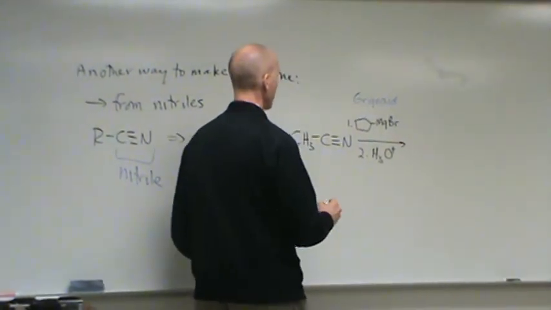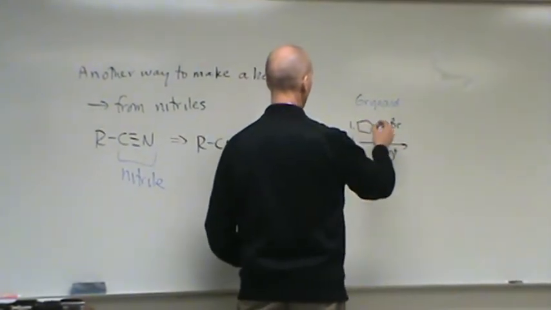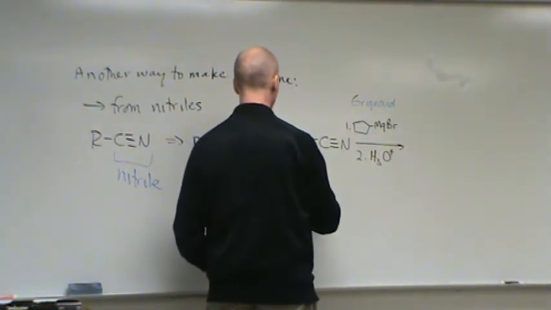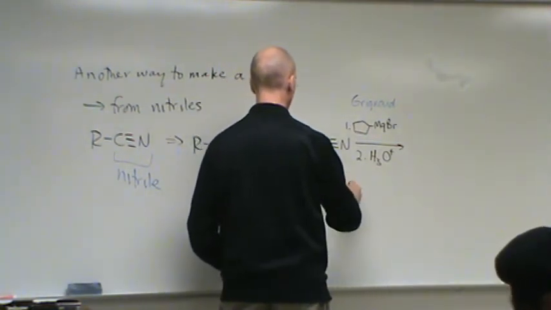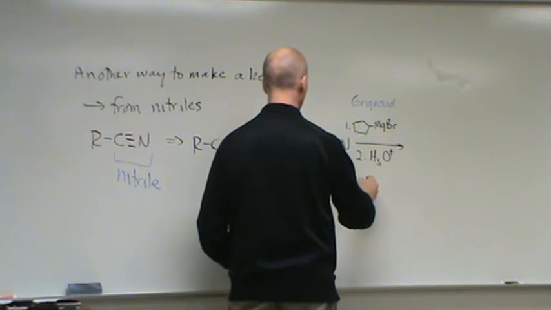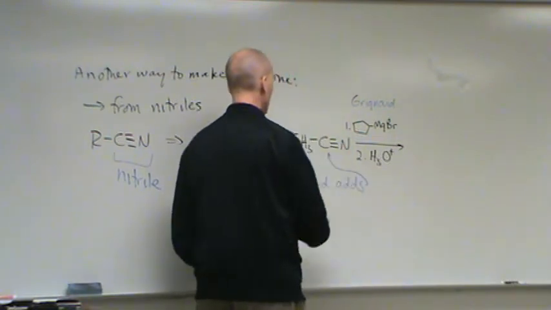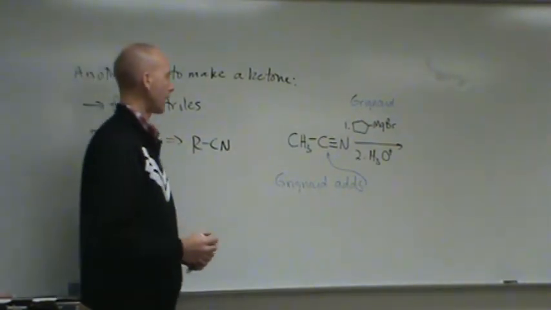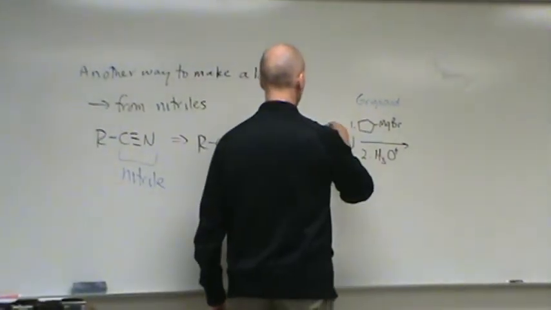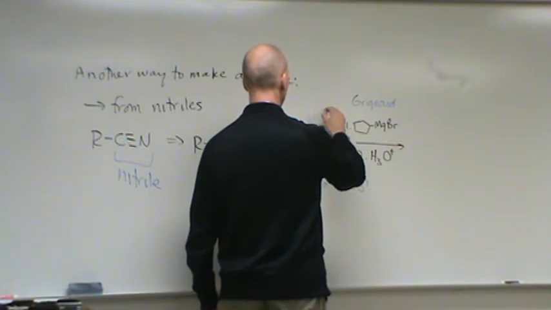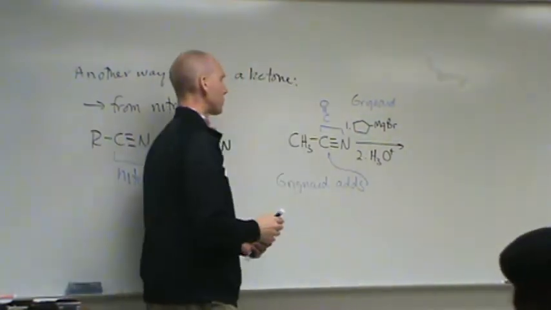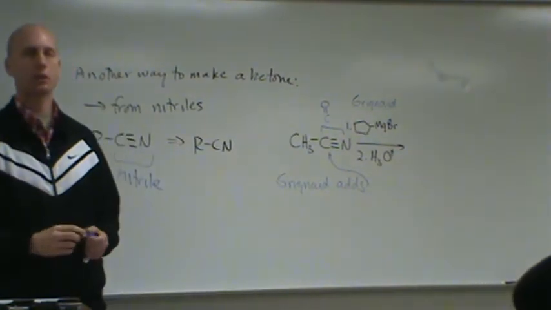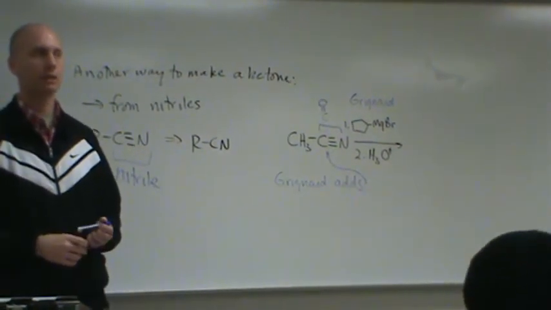What's going to happen is the Grignard adds to that carbon there, and the C triple bond N converts to a carbonyl. So make sure you write that down so you don't forget.